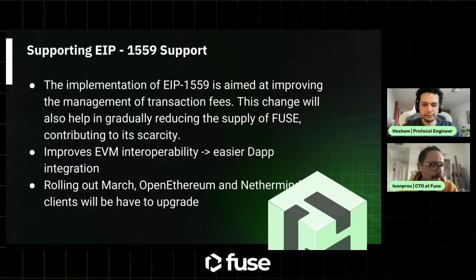Lately, this year, we had some challenges with onboarding dApps and partners, because this EIP has become very, very basic. So it's good to be eventually enabling this on Fuse. The change is going to be rolled out in March. OpenEthereum and Nethermind will support the fee, and the node operators will need to upgrade to the latest version. That's it for this. Let's go next.